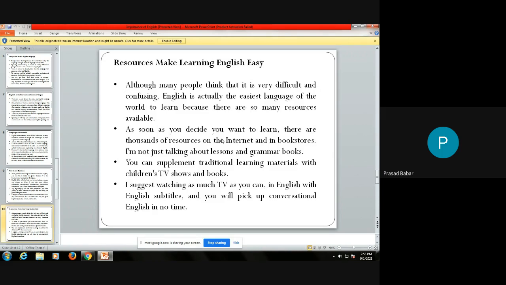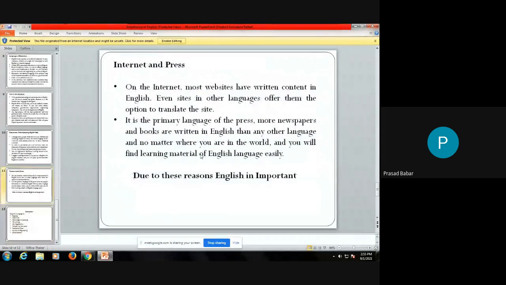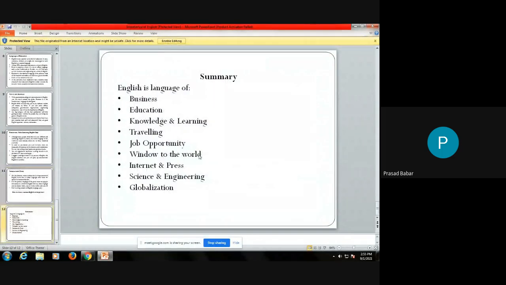It will make your English comparatively good within no time. So this is about the resources that will take your English to another level. Next are internet and press and the summary.